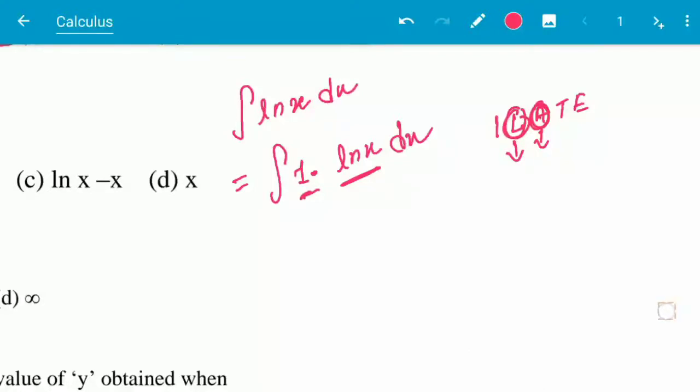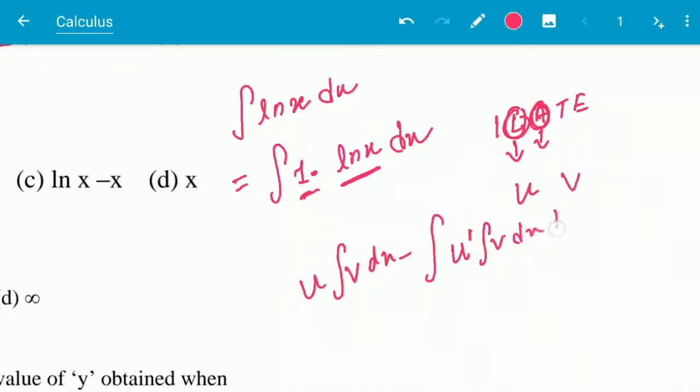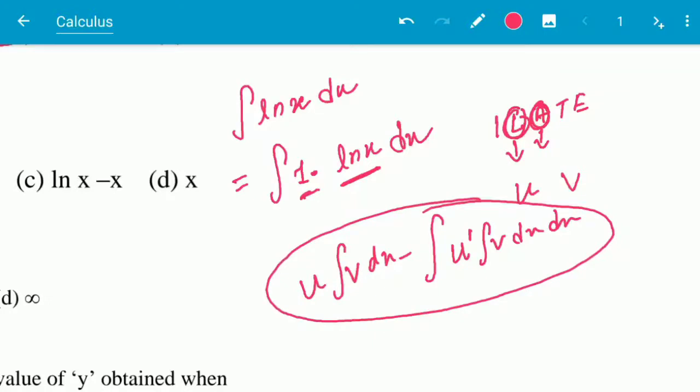What is the formula here? If the first one is u and the second one is v, then it is u times the integration of v dx, minus the integration of the derivative of u times the integration of v dx, dx. This is the formula for integration by parts.